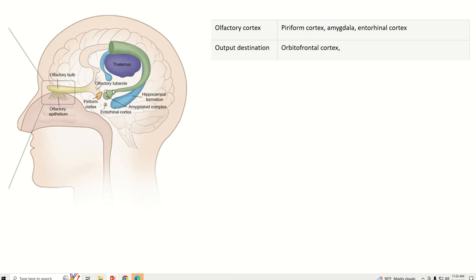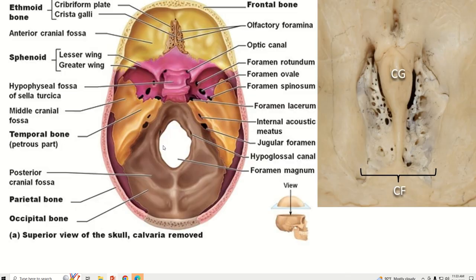These are the olfactory cortex: the pyriform cortex, the amygdala and the entorhinal cortex. So, this is the thalamus, and the olfactory pathway never relays with the thalamus. It goes directly to the olfactory cortex.